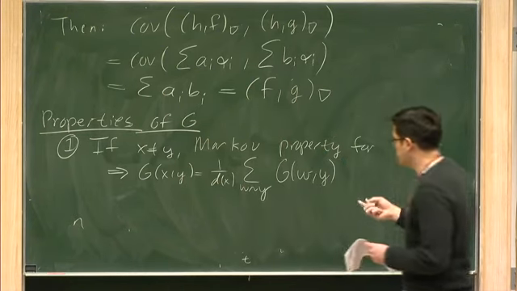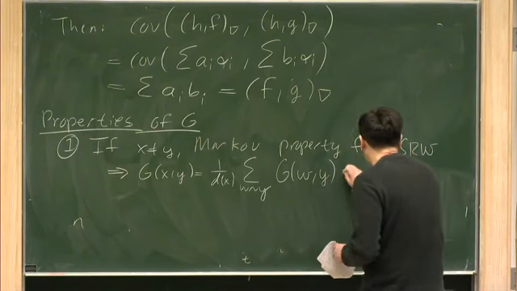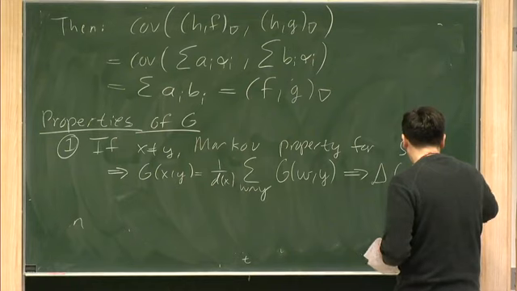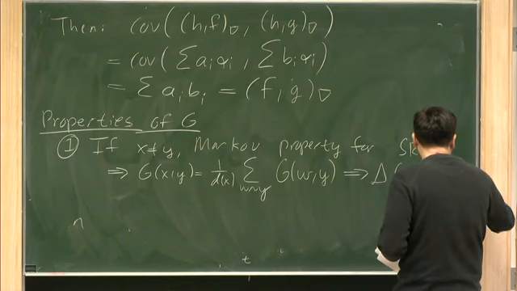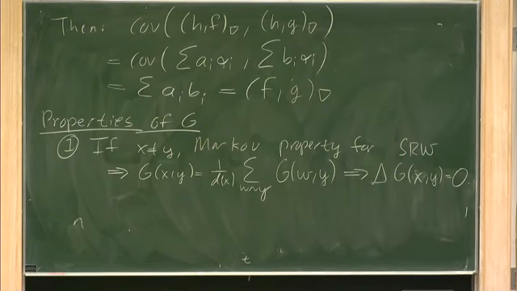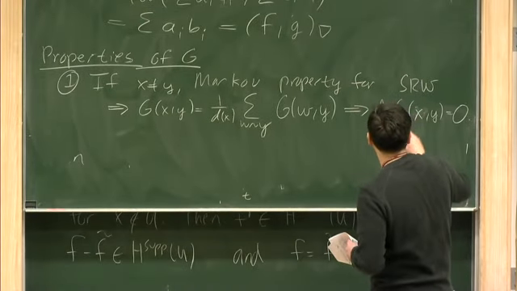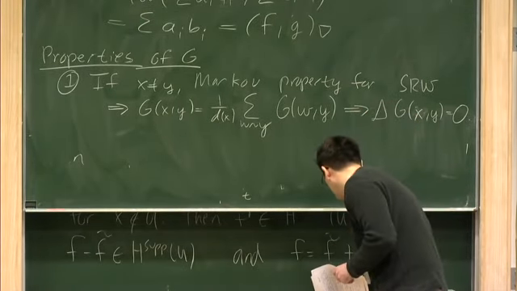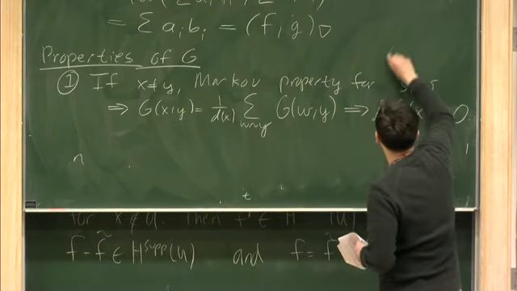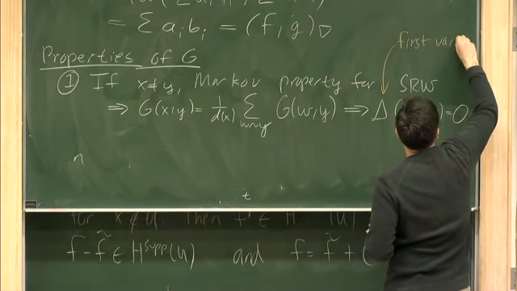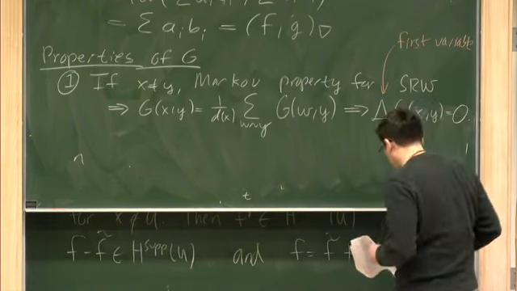And this equation, if you rearrange it, implies that this function g of x, y has 0 Laplacian at x if x is not equal to y. And here, in the next couple of lines, I'm taking the Laplacian in the first variable.